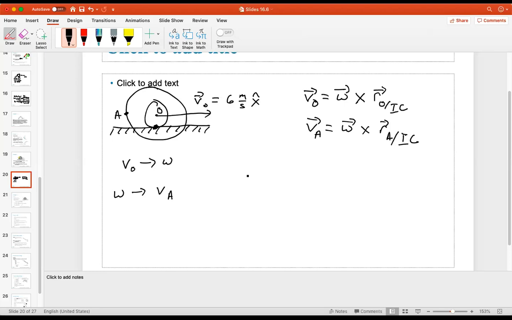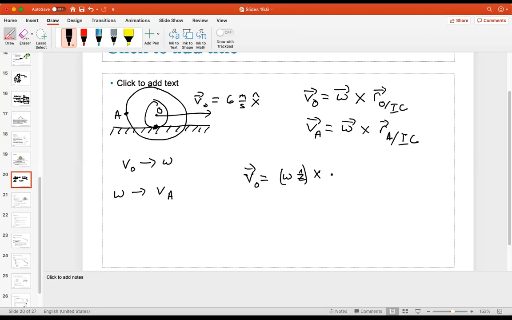So if I write VO equals omega, scalar omega times z hat, cross the relative vector from the center to the origin.